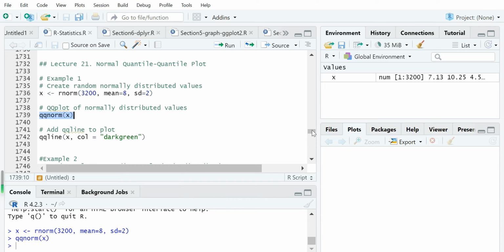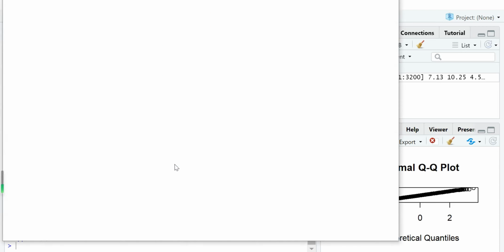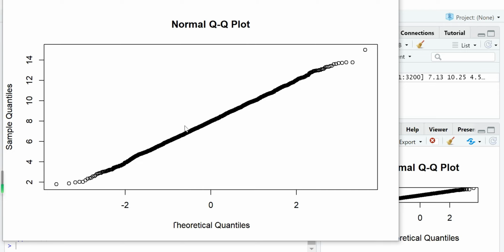In this plot, you can see almost all the scatter points stay on a straight line, right? This is the theoretical quantiles from a standard normal distribution, and this is the sample we drew. This sample has a mean value of 8 and standard deviation of 2, so most of the points sit around 8.